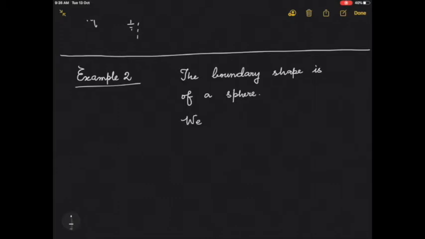Sphere. And the obvious choice of origin is at its center.